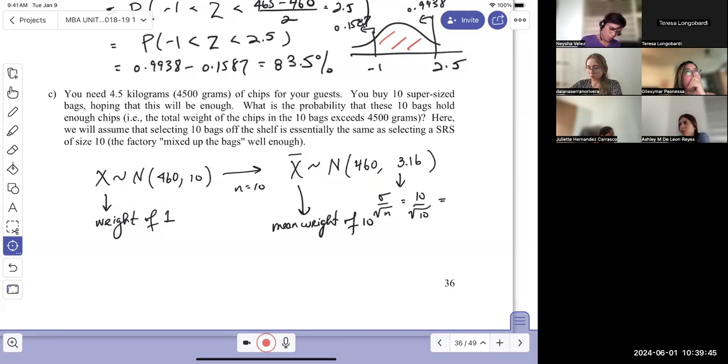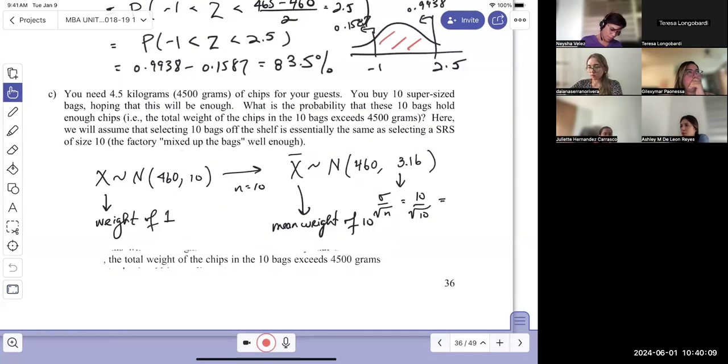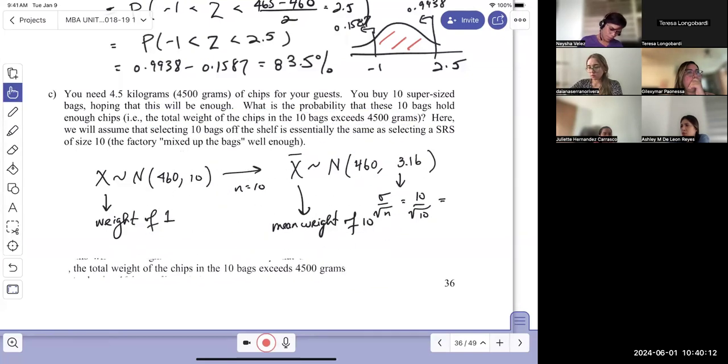Do I have information on the total weight? I have information of the weight of 1, the mean weight of 10. How do I deal with that total weight? Can I answer the question as above?